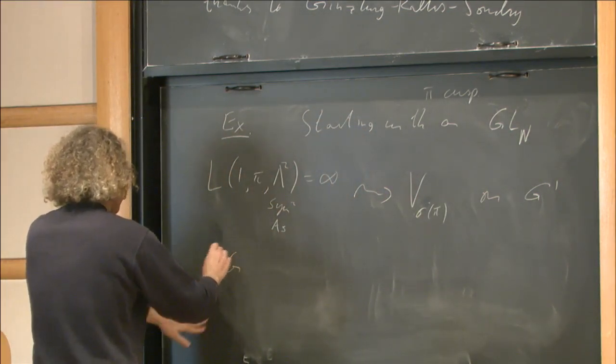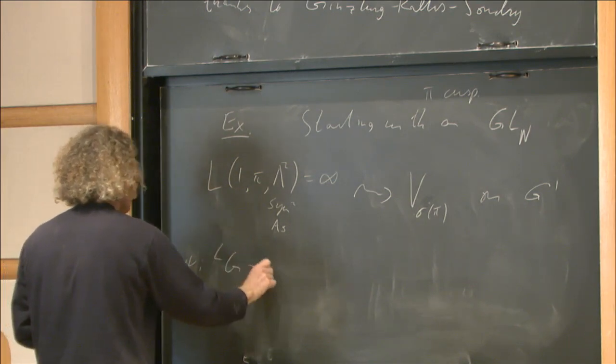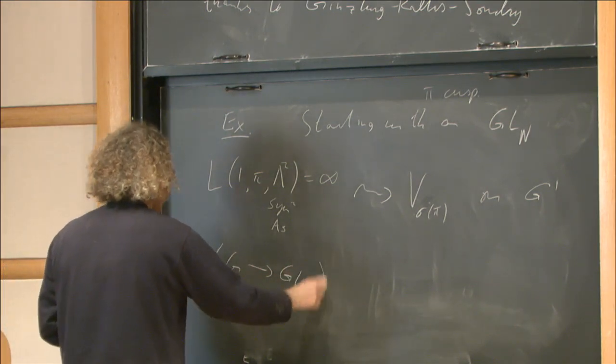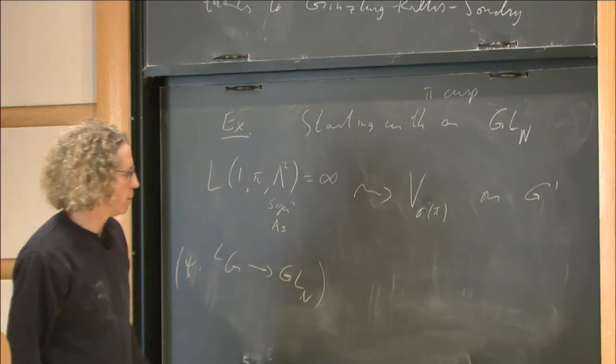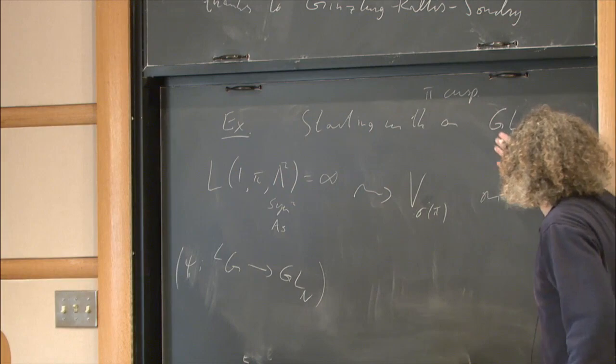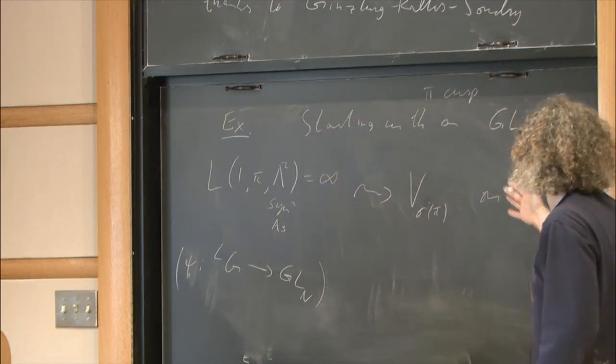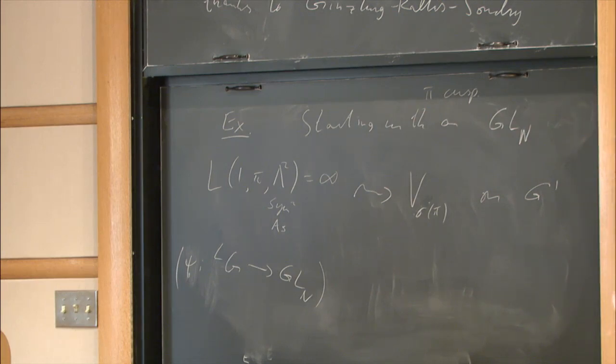So there is an L-group homomorphism to GLN, a kind of tautological embedding. Think concretely, this could be an orthogonal group and the symmetric square or the exterior square depending on parity.